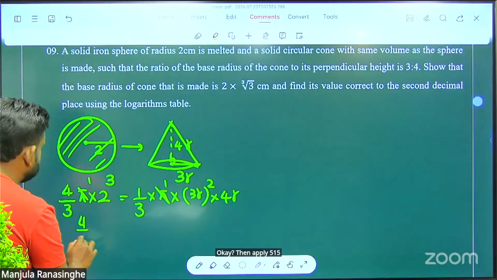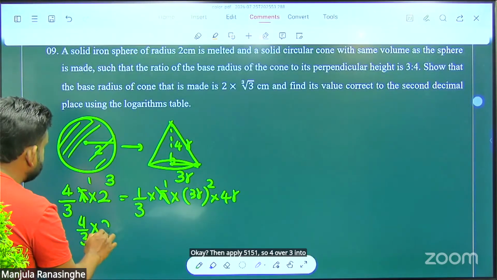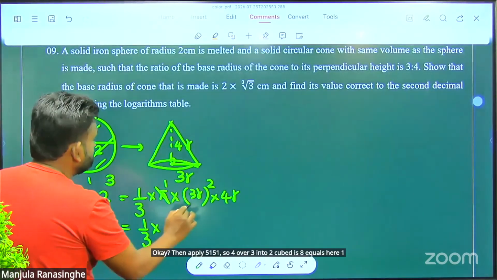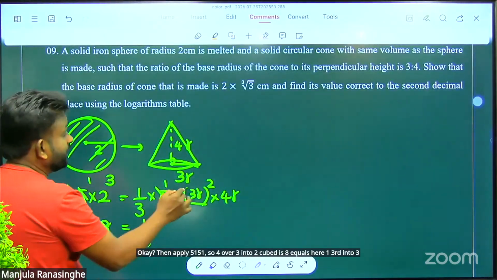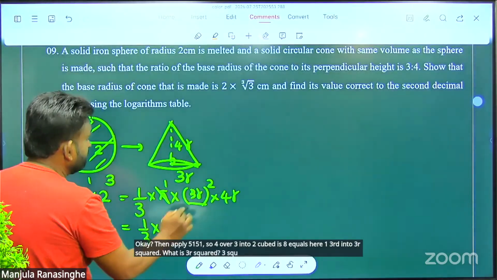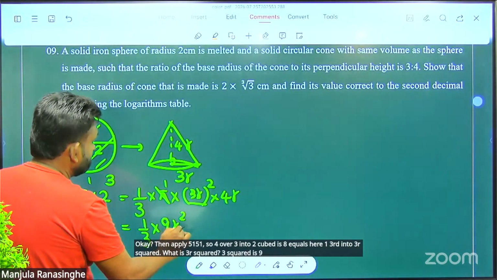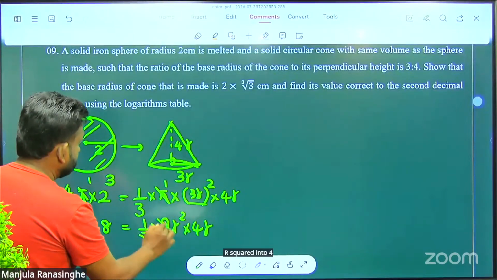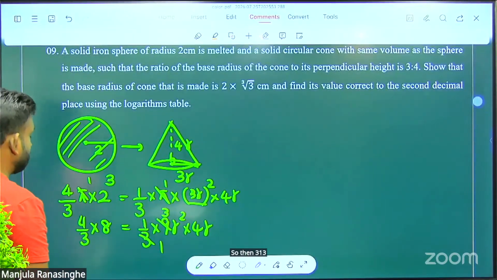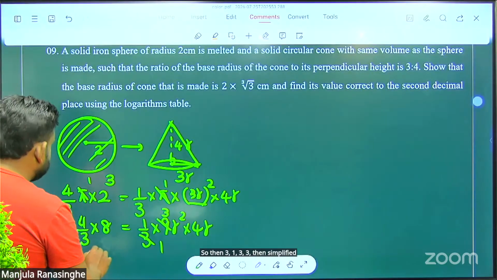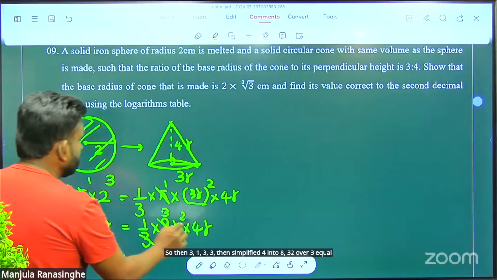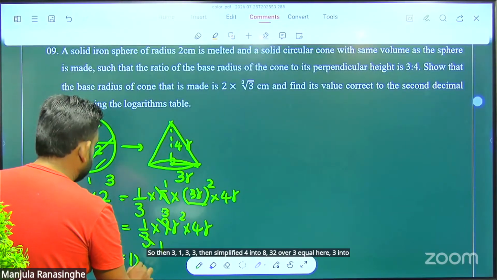So 4 over 3 into 2 cubed is 8, equal to 1/3 into 9r squared into 4r. Simplified, 32 over 3 equals 12 r cubed.